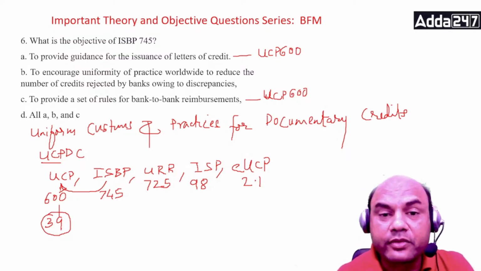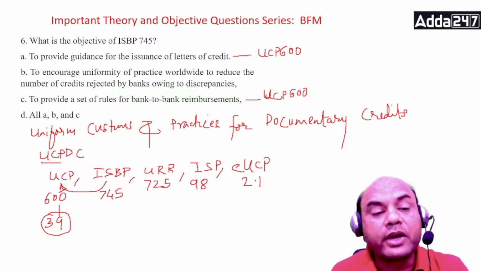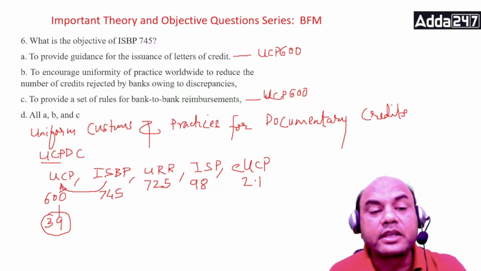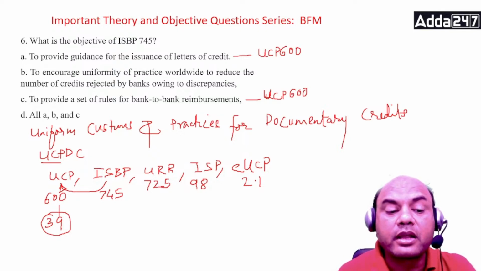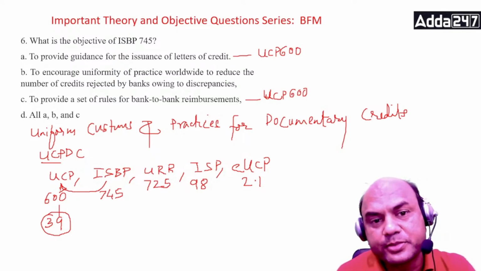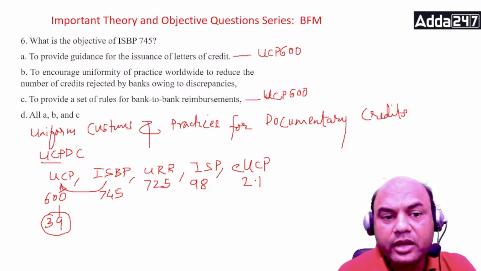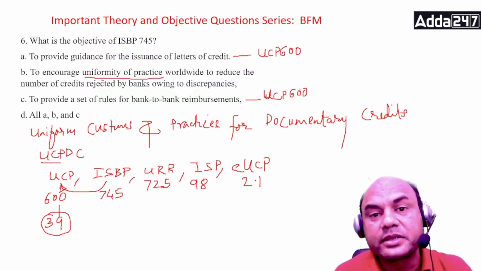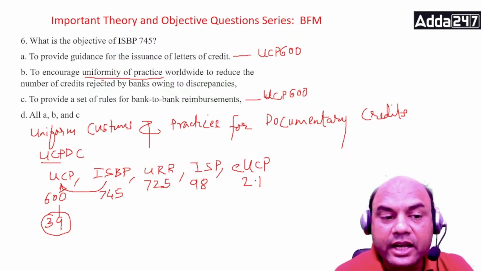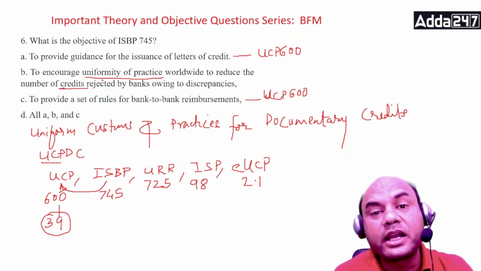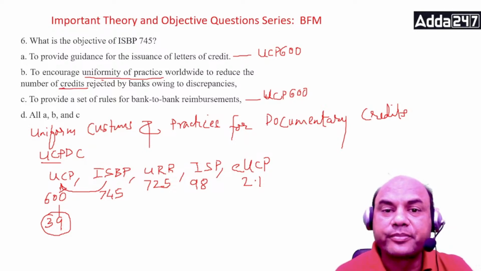So what is the purpose of ISBP then? The purpose of ISBP is to encourage uniformity so that each banker doesn't interpret it in his own language. Otherwise, I'll think something about the UCP rules and somebody else might think something different. In that case, the credits, meaning LCs, will get rejected more by the banks.